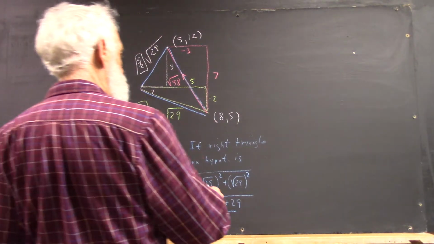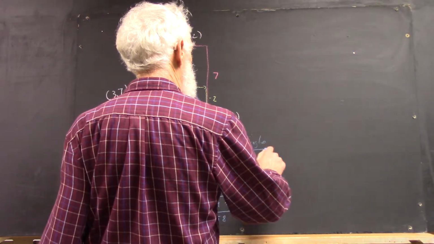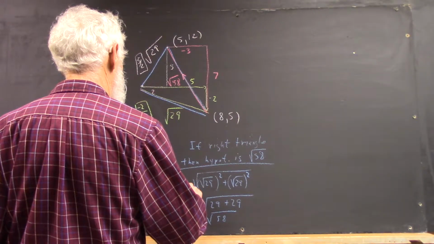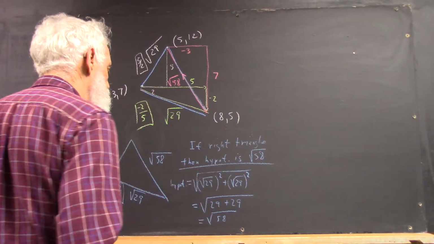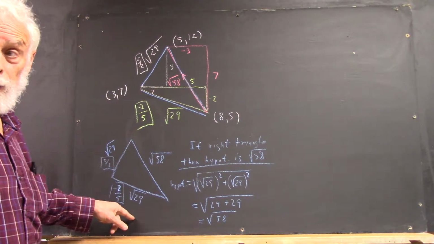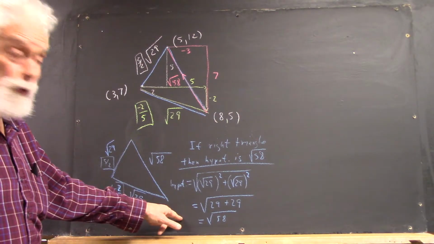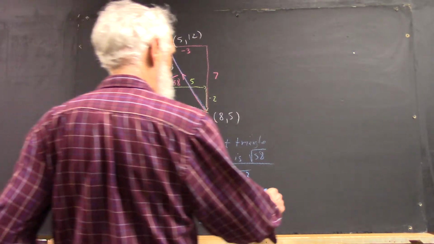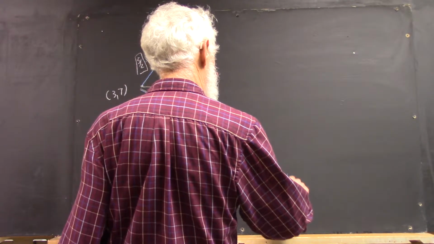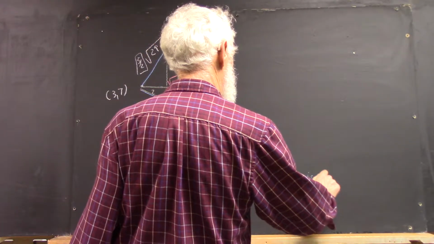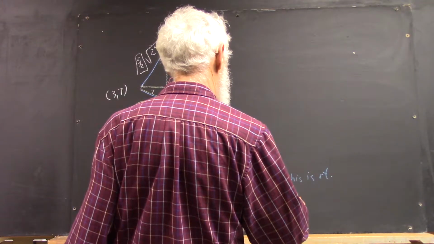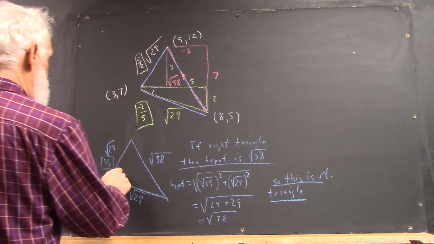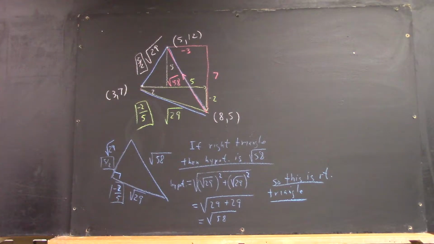So, if it's a right triangle, then the hypotenuse should be the square root of 58. And that should be equal to the square root of the sum of the squares of the two legs, right? So this is a right triangle. Which means that this angle is a right angle, right?